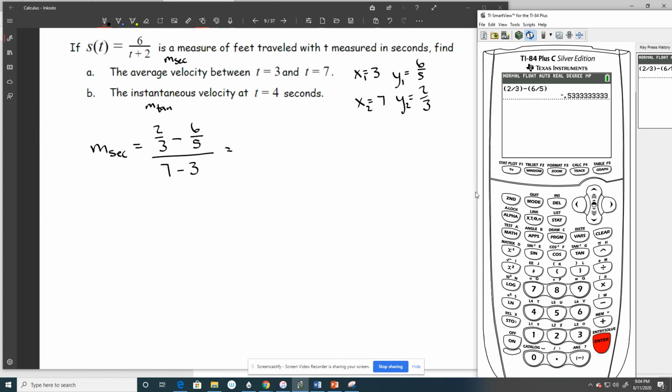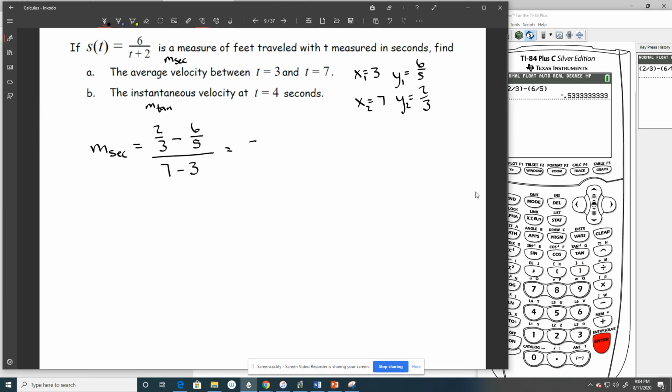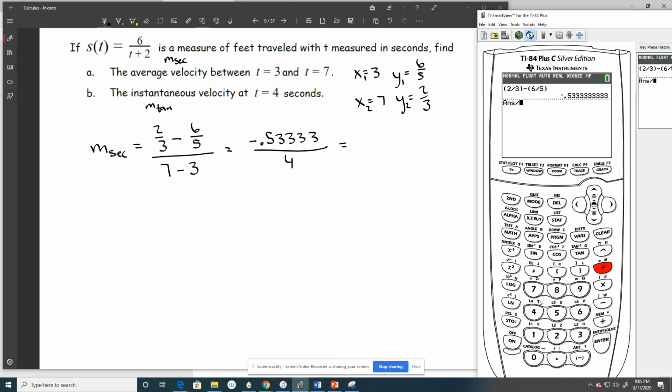And that tells me negative 0.5 and then a bunch of 3's on top, and then 7 minus 3, I better not use my calculator for that one. That one's 4. So negative 0.533333 divided by 4. I'm going to go ahead and divide it right here, because one thing I don't want to do is round until I have to.